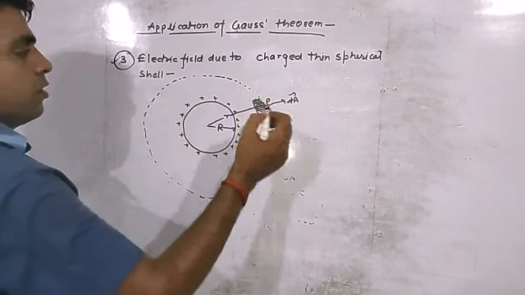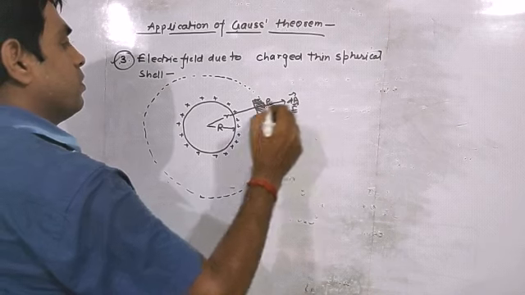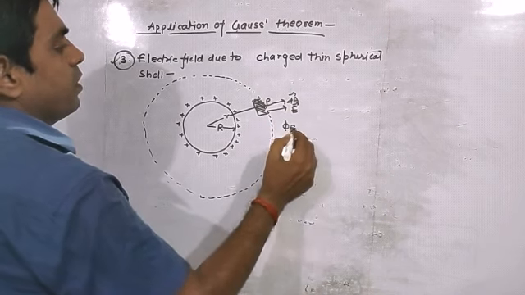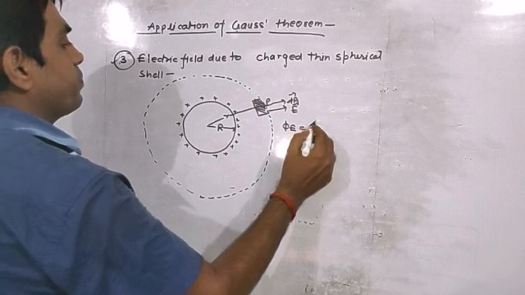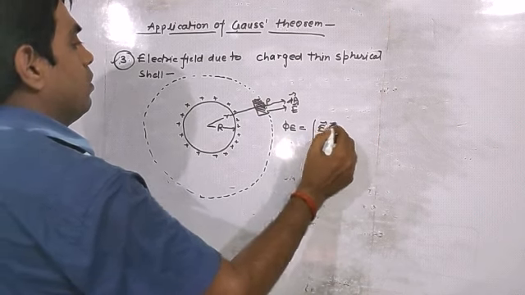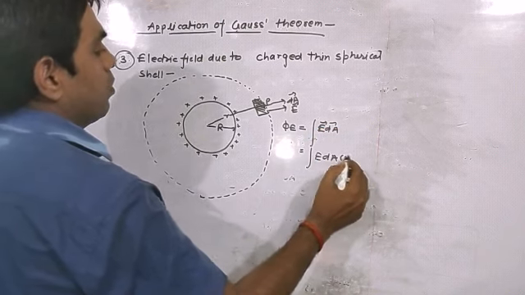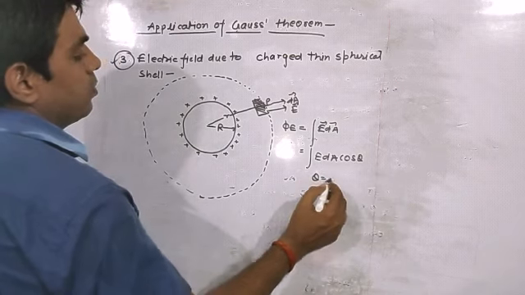Now here, as in the previous cases, dA and the electric field direction will be the same. So what is the electric flux through it? Phi E will be given as E dot dA is equal to E dA cos theta. Again theta is equal to 0 here.